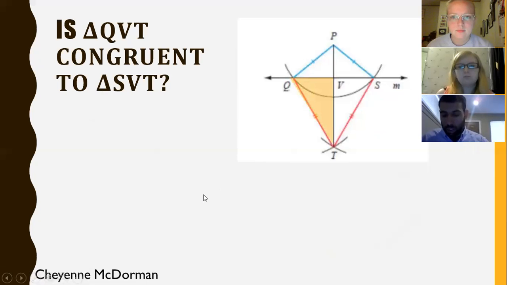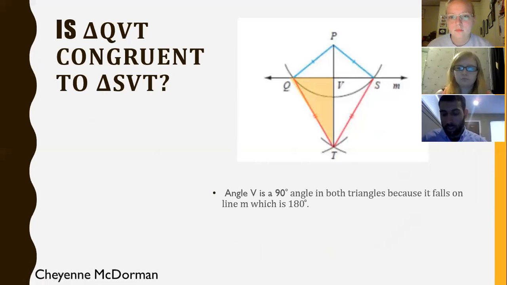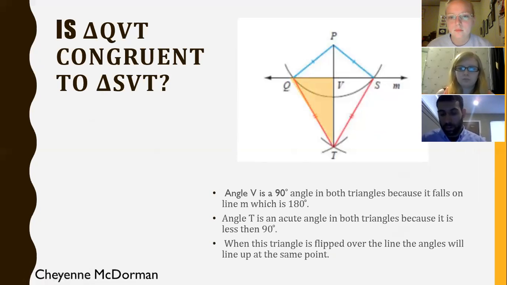Cheyenne, is triangle QVT congruent to triangle SVT? Well, yes, triangle QVT is congruent to SVT because angle V is 90 degrees on both angles because it falls on a line M, which is 180 degrees.